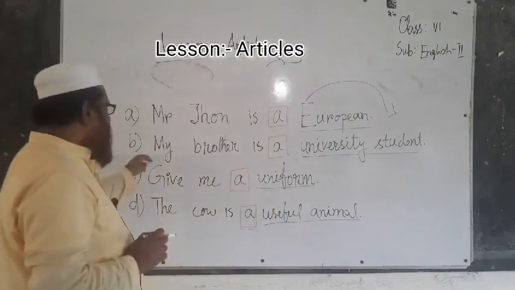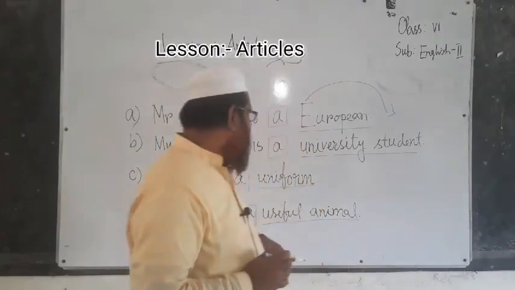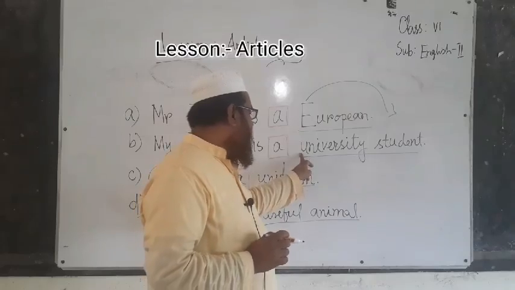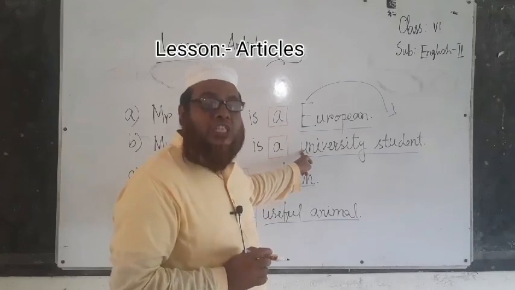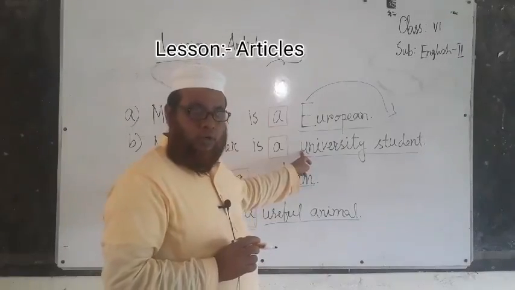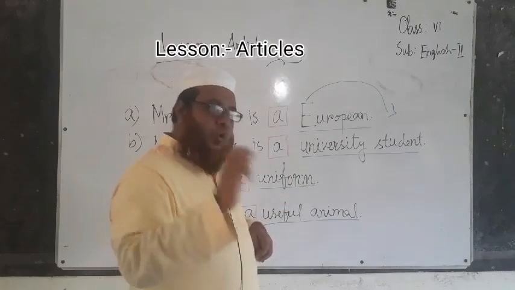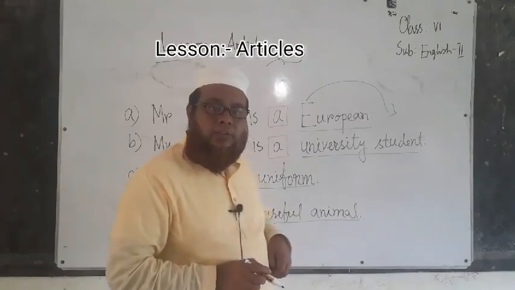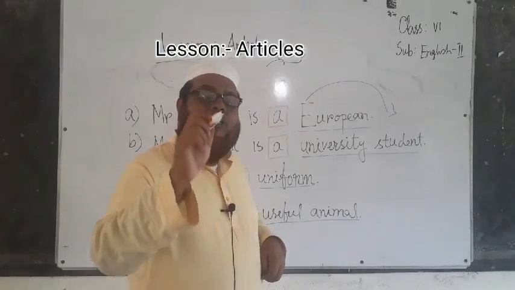In this sentence, my brother is a university student. In this word, university, U is pronounced as 'yoo'. Though U is a vowel, we are using article a here because U is pronounced here like 'yoo'.